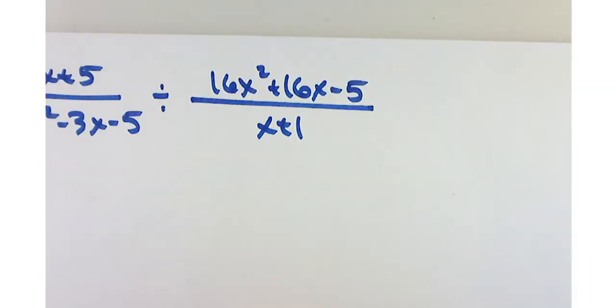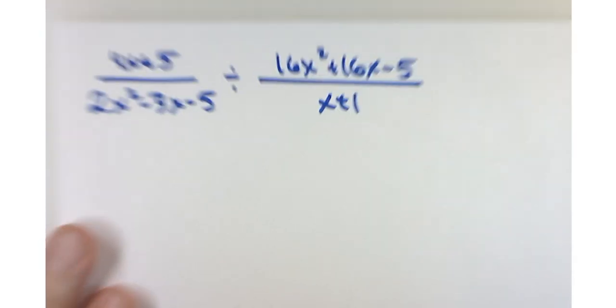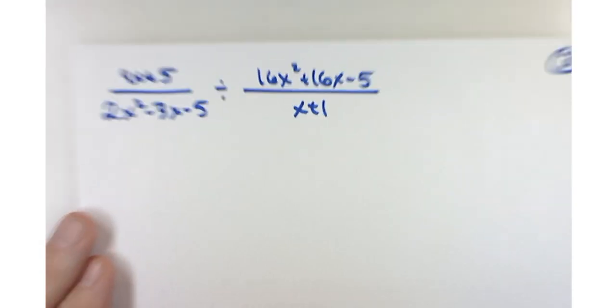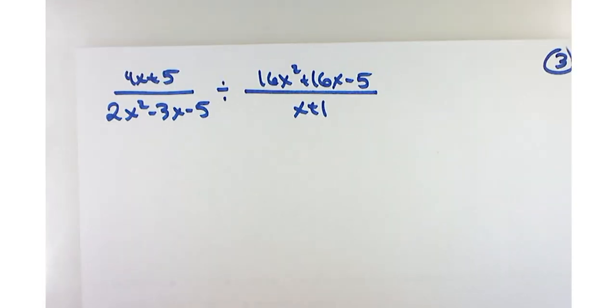Well, it's the divided by part that I want to draw your attention to first. What happens when we're dividing fractions? You change, flip, multiply by the reciprocal. Yeah, thank you, ladies. Multiply by the reciprocal.